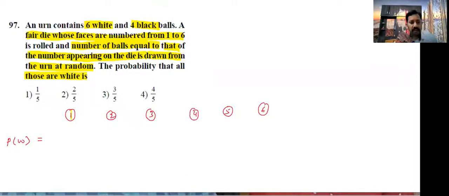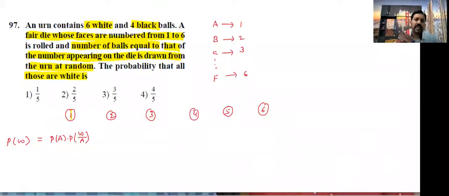So the probability of selecting a white color ball, with the event of rolling a die. A is the event of getting number 1, B the event of getting number 2, C the event of getting number 3, and finally F the event of getting number 6.